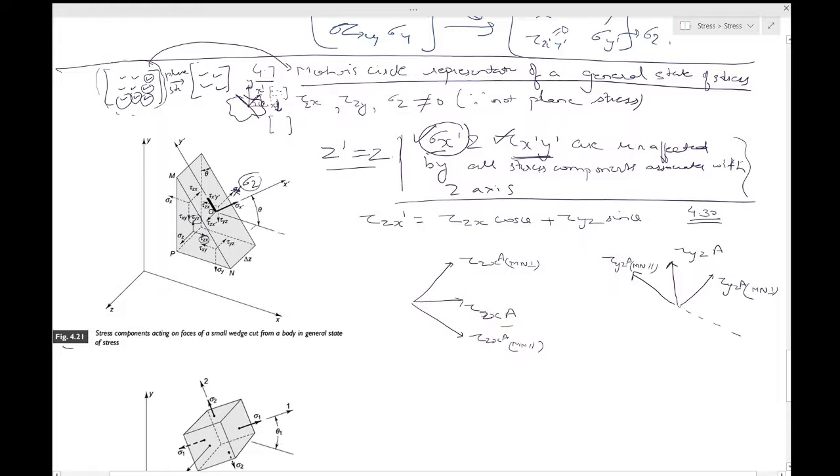Okay, so as you know, the direction which is perpendicular to MN, I mean this one and this one, makes an angle theta with the x-axis. This is the angle theta. So let's see.